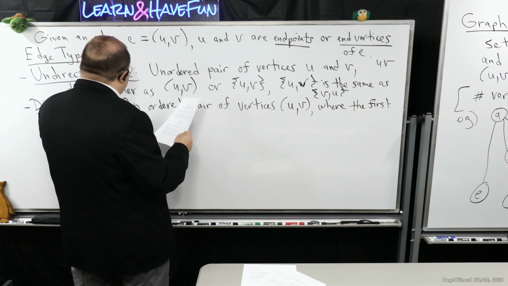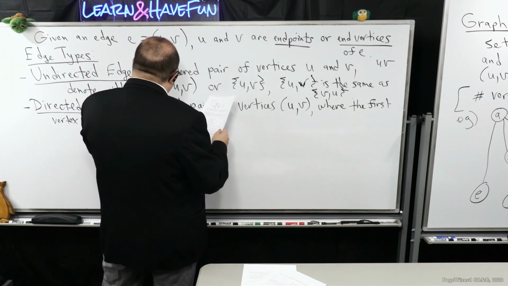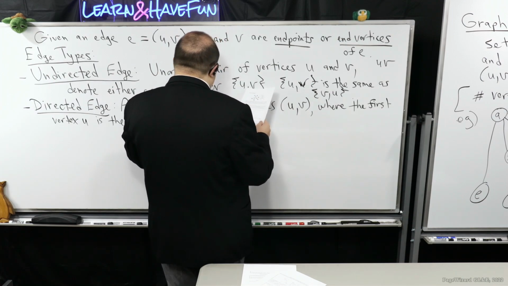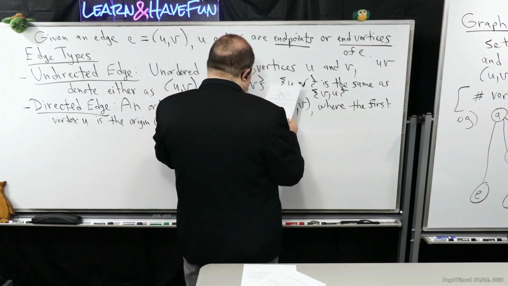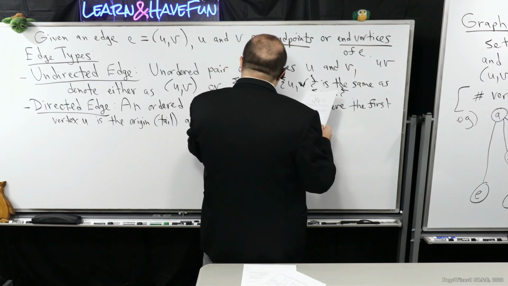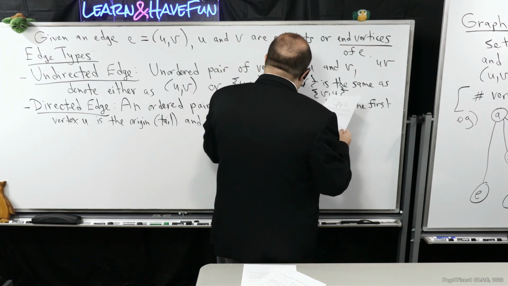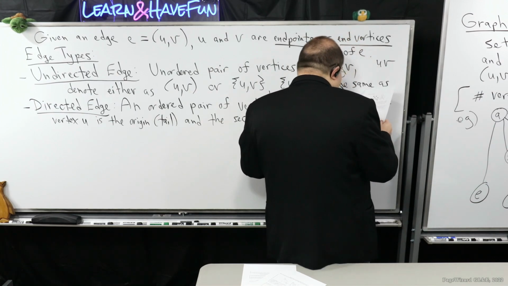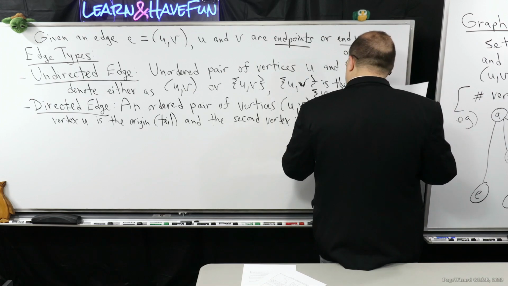Some people call it the origin or the tail of the directed edge. And the second vertex is the destination. Some people also call this the head of the edge.